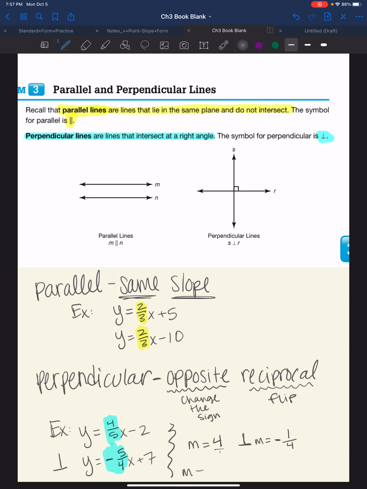And one more just to make sure we're good to go here. If I had a slope of negative 2/3, the perpendicular slope there, I change the sign and flip. So that would make it positive, and then I flip the fraction, so it would be 3 over 2. So there's just a couple more examples of what perpendicular slopes look like.